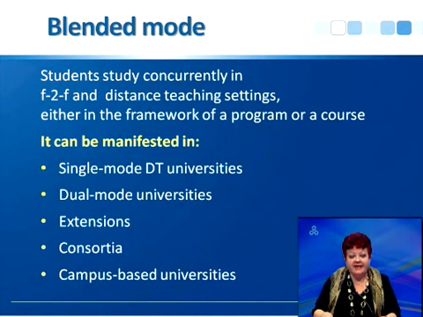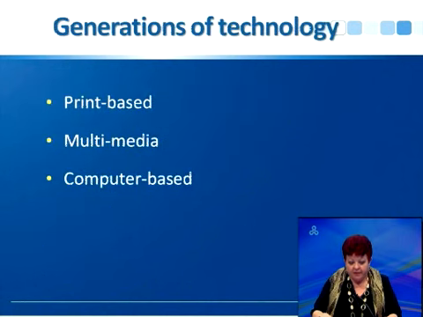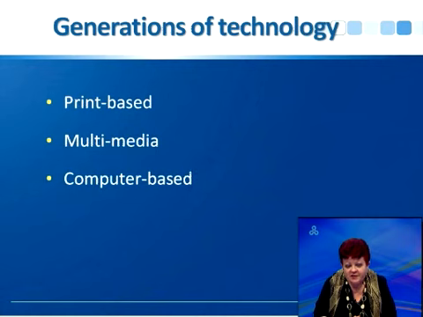Now we move to the second classification parameter, generations of technology. Usually you hear about three generations, but now some people speak also of a fourth and fifth generation of virtual reality and other emerging technologies.